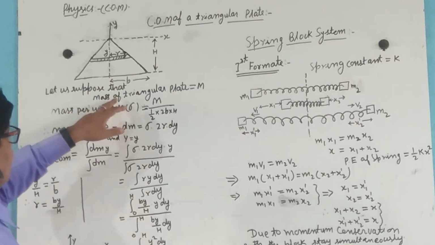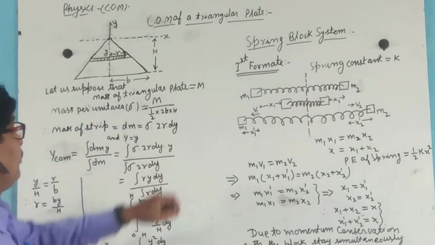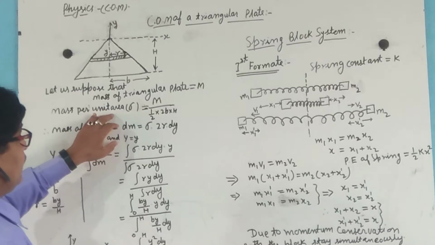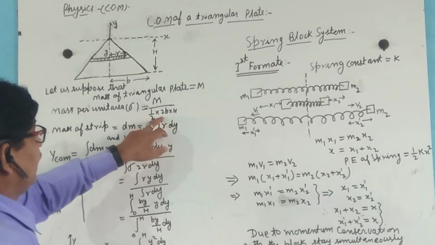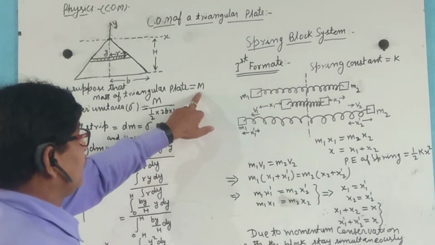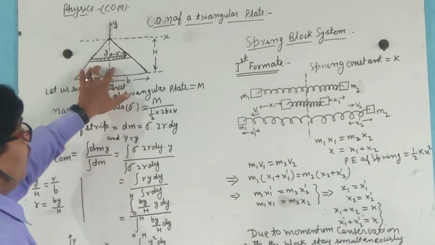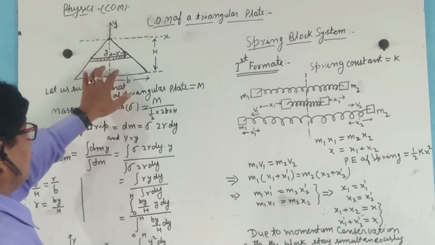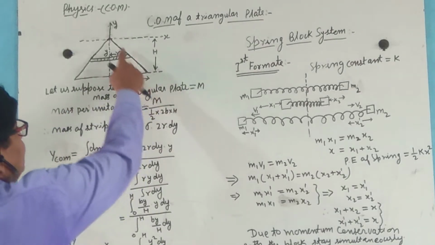Let us suppose that the mass of the triangular plate is capital M, so that mass per unit area means total mass divided by area. Total mass we assume is M, and the area of this triangle is 1/2 base into height.